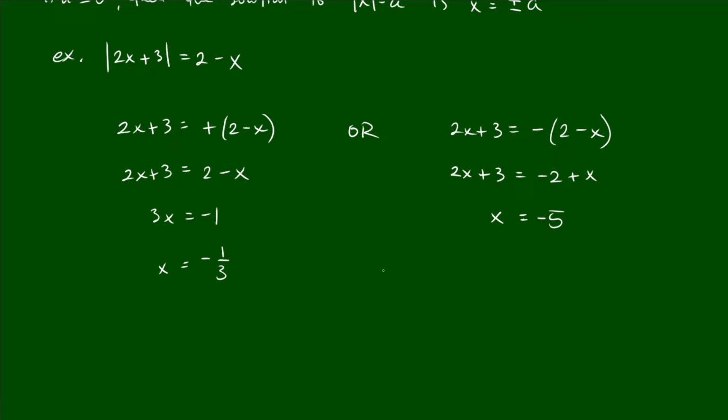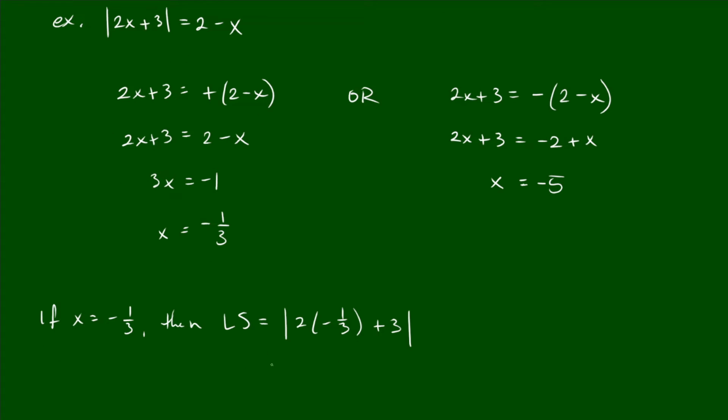Well, if x is in fact negative 1 over 3, right? So if x equals negative 1 over 3, okay, then the left side will be the absolute value of 2 times minus 1 over 3 plus 3. Find the absolute value of that.